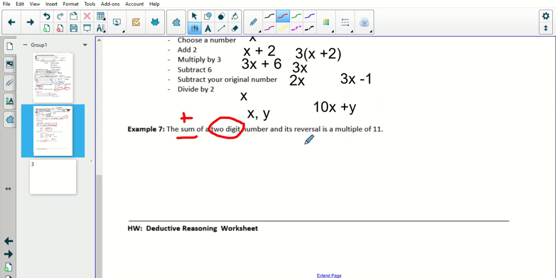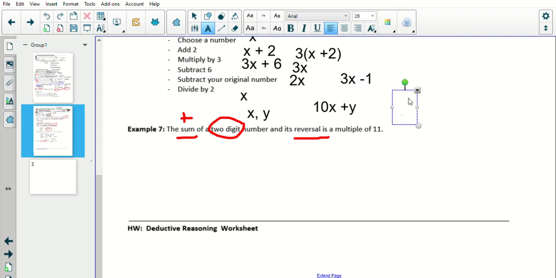And then the next statement is the reversal. Okay, is a multiple of 11. What's the reversal? What does that mean? So that means if I flip the 2 numbers, well, can we think of some numbers that are reversals of each other? Well, the prime example you can give is 23 and 32.